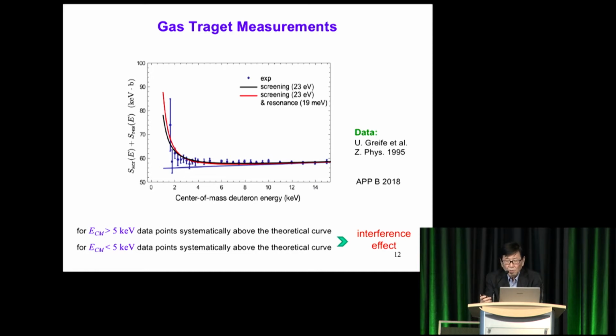We see that, similar to the metal target, the screening curve cannot describe the data. The red curve is a non-coherent sum of the screening and resonance contributions. So these calculations are done without interference.